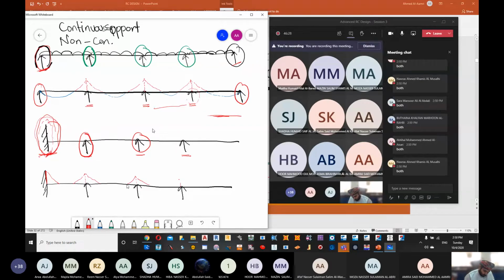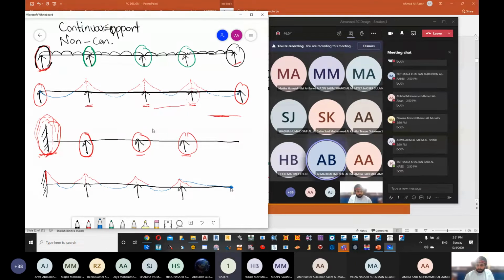Now this one, both sides or one side? Once again, two sides. Now if we try to connect, this will be looking like this. Now for this one, since it's cantilever, this bending moment at the end is going to be 0.